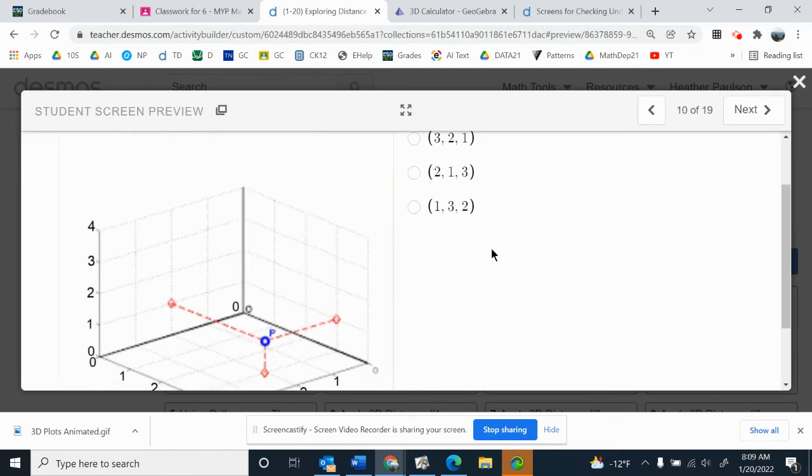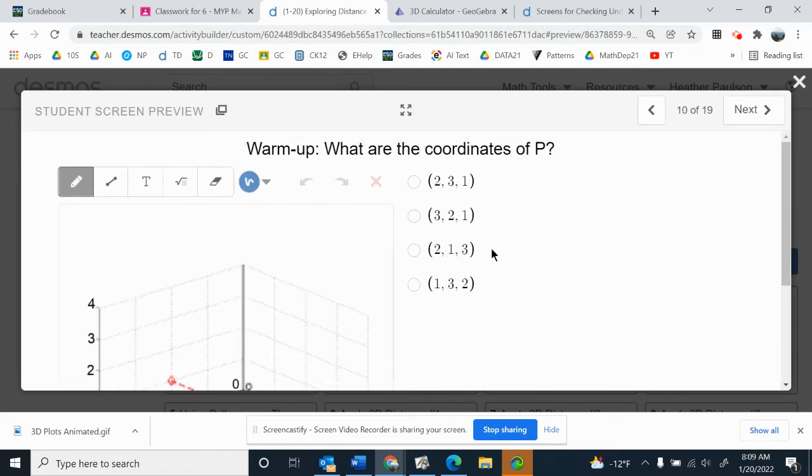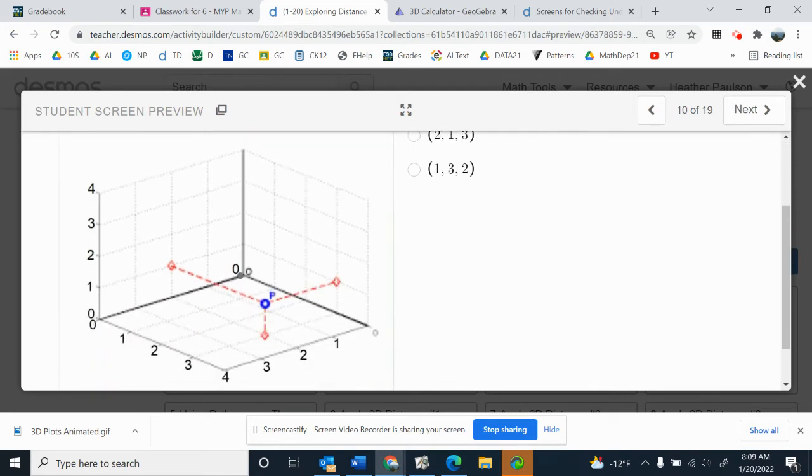Now, let's remind ourselves of 3-dimensional space. Looking at these coordinates, notice that P goes out 2 spaces on the x-axis. And then, to get to this point, that is 3 spaces on the y-axis. And then, vertically up 1 space on the z-axis.